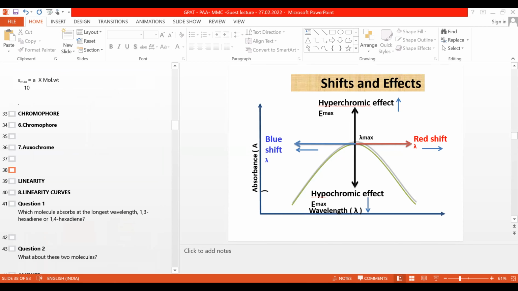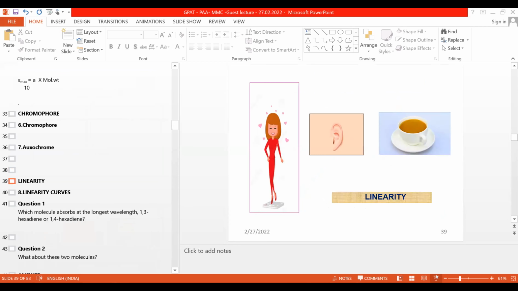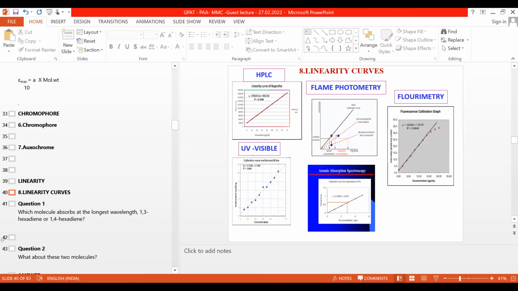No. It's on shifts and effects, ma'am. What about now, sir? Yeah, it's on linearity. So next terminology is linearity. Is it shifted now? The next graph? It's linearity now, ma'am. It's taking some time, sir. I'm sorry. No problem.